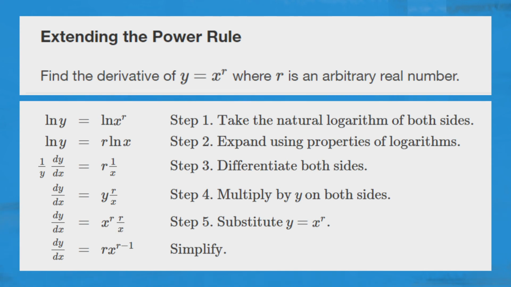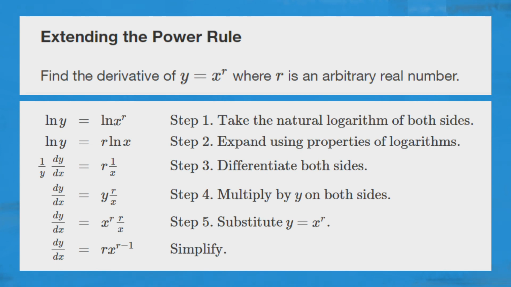Now this final extended power rule tells us we can do this for any real number we want. So if y is equal to x to the r, where r is any real number, whether it be an integer, a negative integer, a rational number, or an irrational number, which includes the square root of 2, an algebraic number, or e, a transcendental number, any number that we choose, this should work.